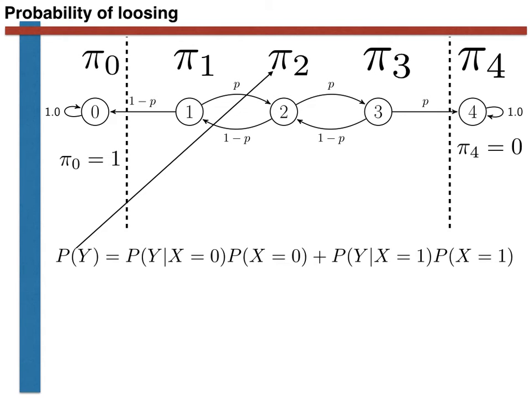The random variable capital X tells us about the outcome of the first gamble. This will be a win or a lose. Furthermore, we know that a win, X equals 1, occurs with probability p. The probability that X equals 0 is thus equal to 1 minus p, while the probability that X equals 1 is equal to p.